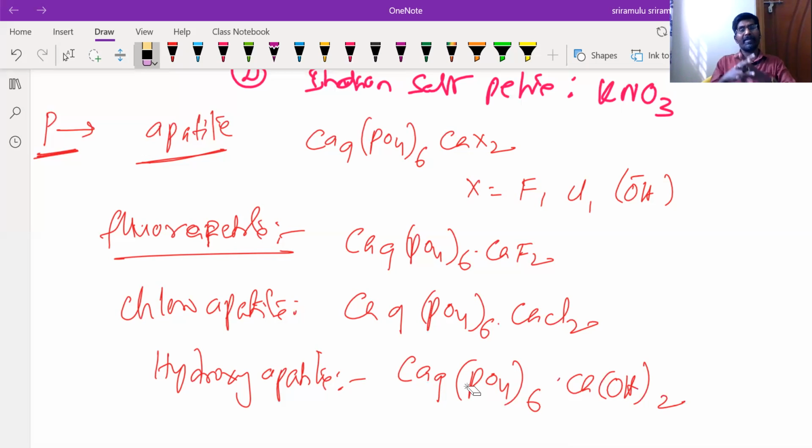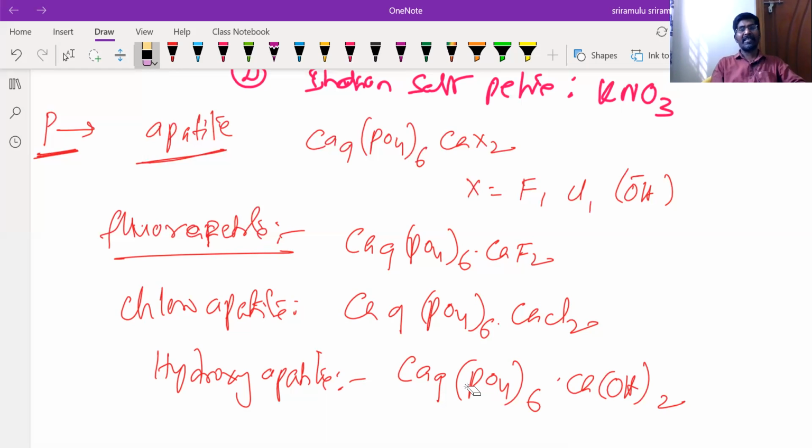If X is a chlorine atom, a fluorine atom, or an OH group, they are classified into different types: the fluoroapatite, chloroapatite, and hydroxyapatite families.